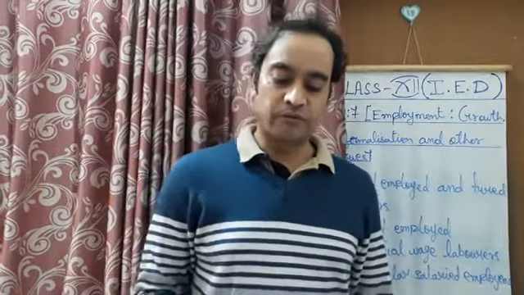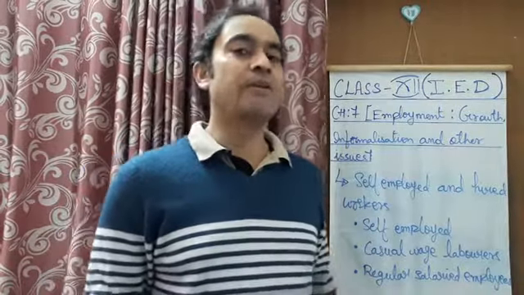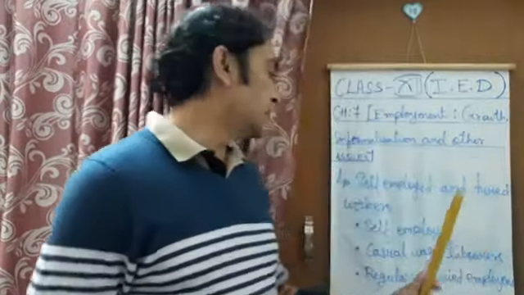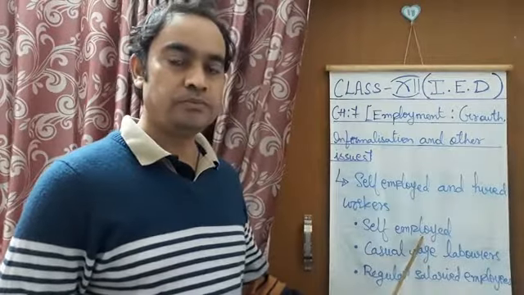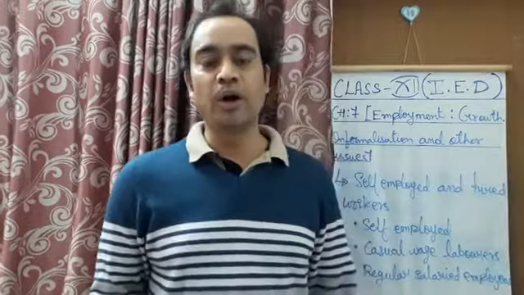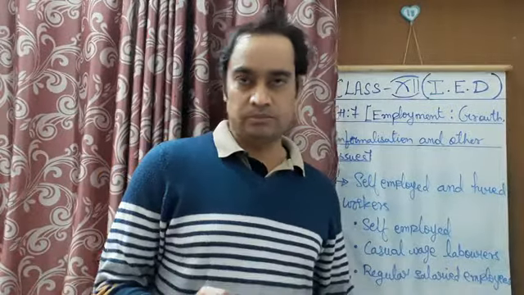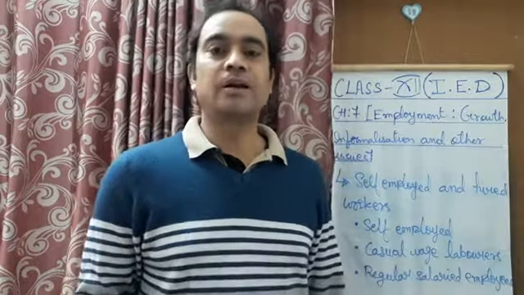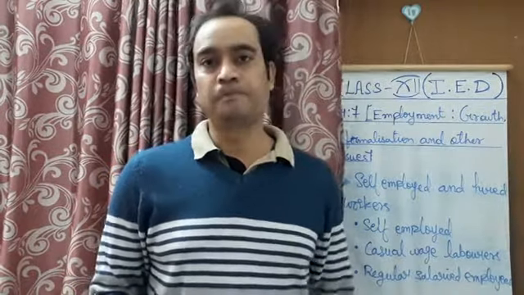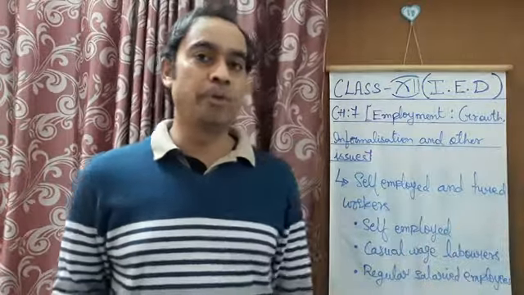So the first one, workers who own and operate an enterprise to earn their livelihood are called self-employed workers. So who will be coming in this self-employed work? Just now in the construction industry we have read that there is a cement shop owner. So this cement shop owner will come into the category of self-employed person.